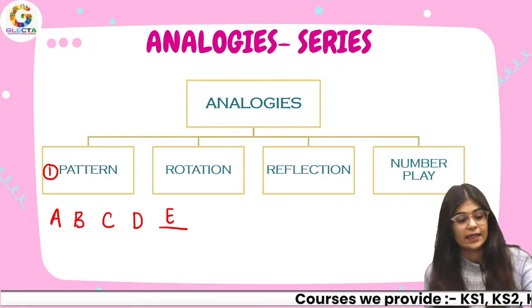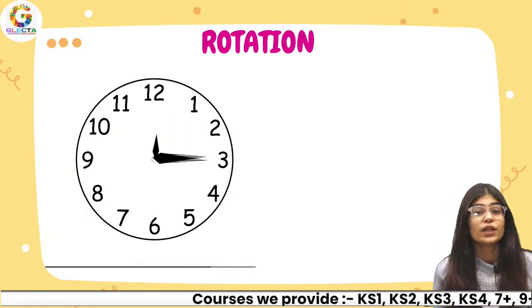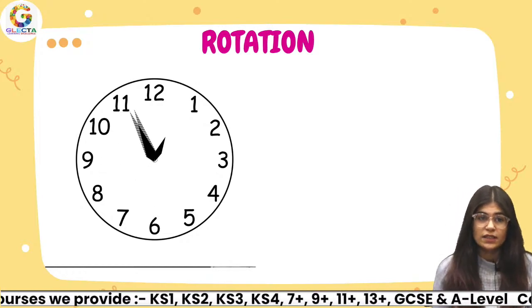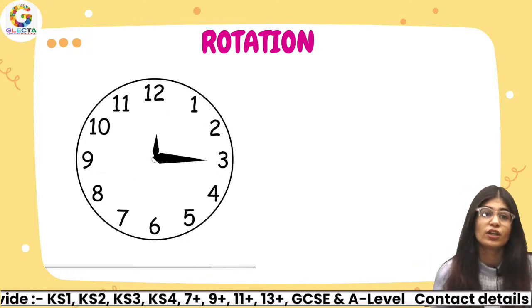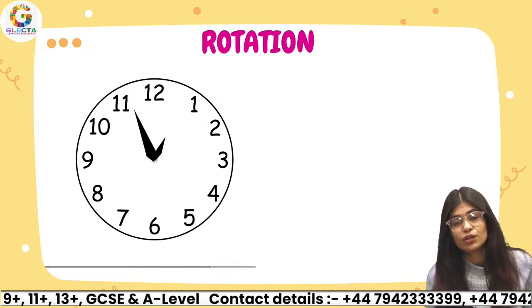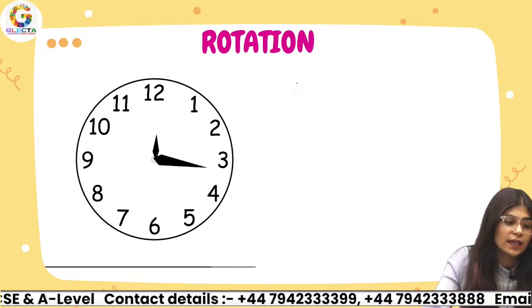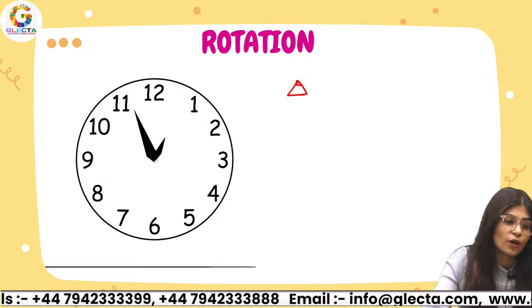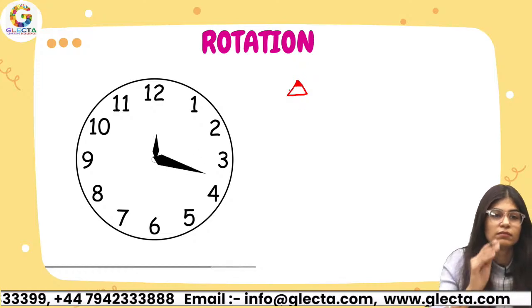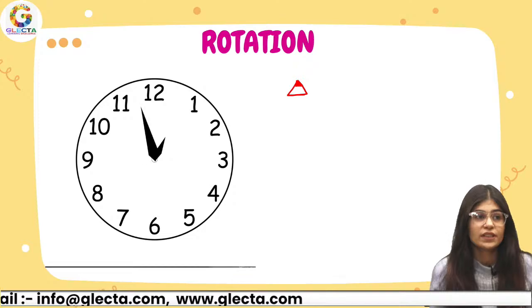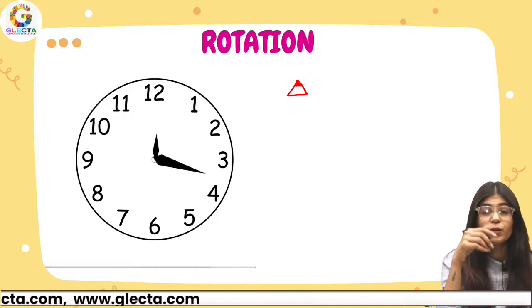Talking about the second type, which is rotation. Now this is something that I tell all my kids in my classes, and if you have not learned the technique, use the clock. When I say use the clock, I mean, for example, let's say your image is like this. The top part is black so that we can differentiate the direction. If it is fixed, we would know the direction.